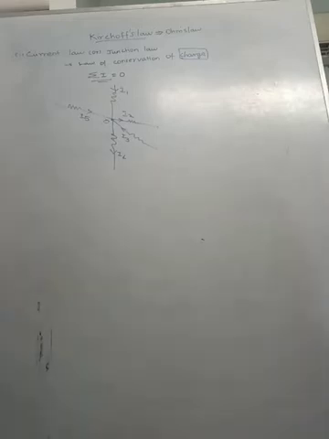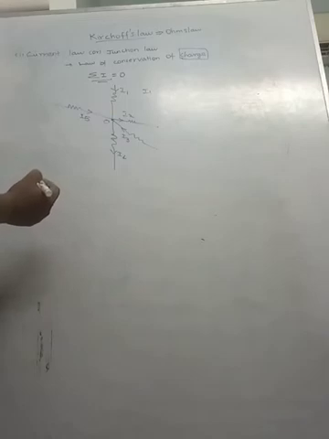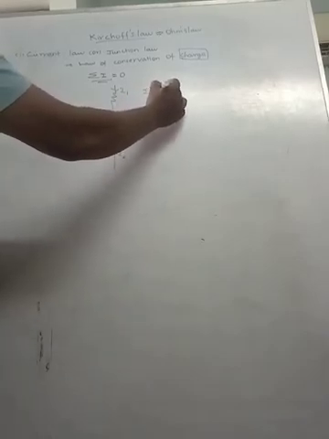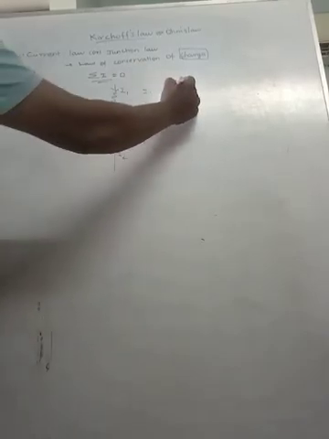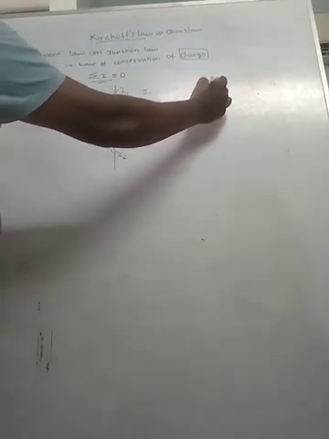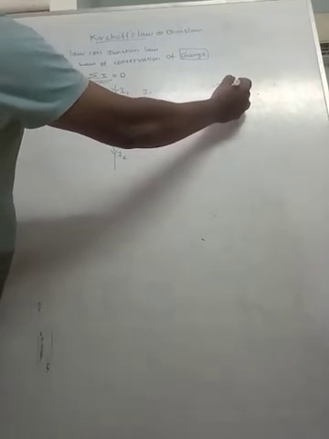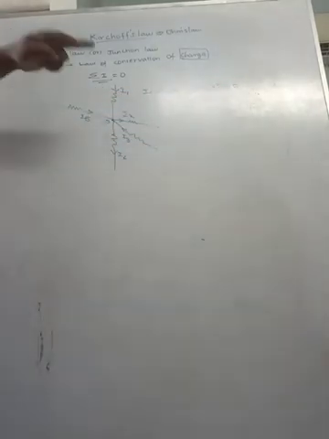According to Kirchhoff, the algebraic sum: I1, entering, we consider as positive. So minus I2 because it is leaving the junction. Then plus I3 entering the junction. Then minus I4 and plus I5 is equal to 0. Sigma I is equal to 0.